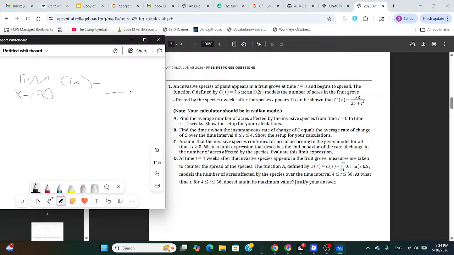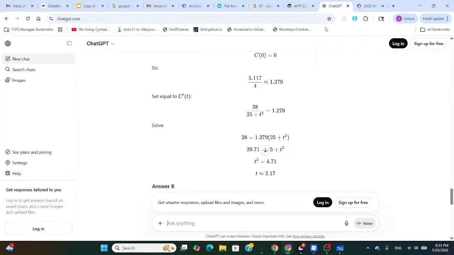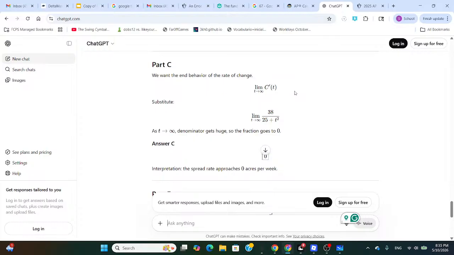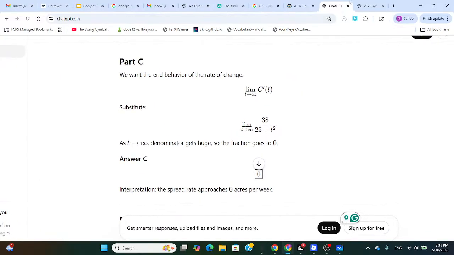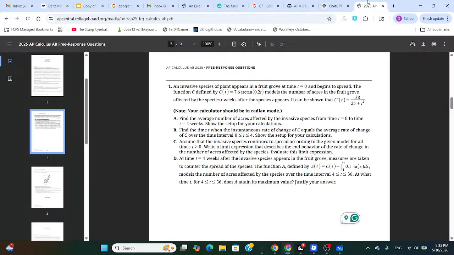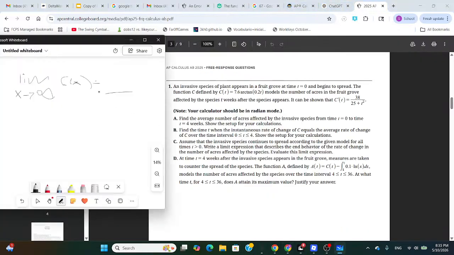Wait, what? I'm just writing BS, bro. Oh wait, I wasn't even that far off. It's like that, and then it's 0 because the denominator is 0. C prime of... oh, if the denominator, so you get that.